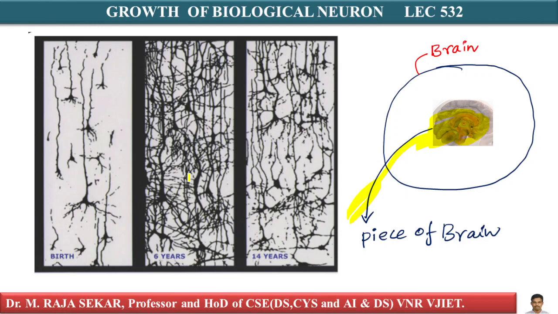It was done in 1959 and is nothing new. This is from the human cerebral cortex. The cerebral cortex is the front part of the brain where most of your thinking and cognition happen.